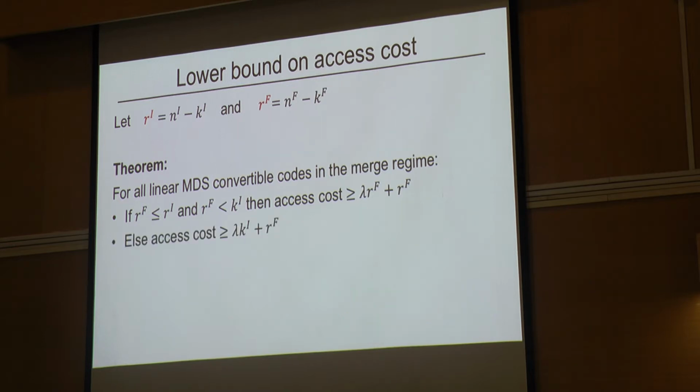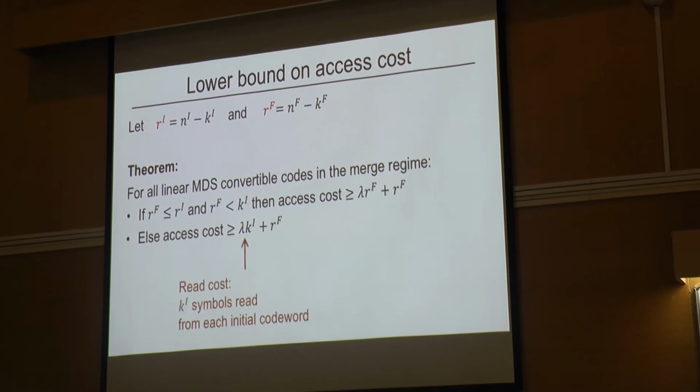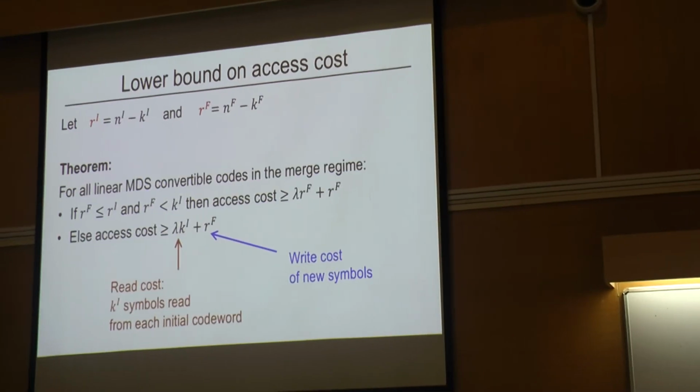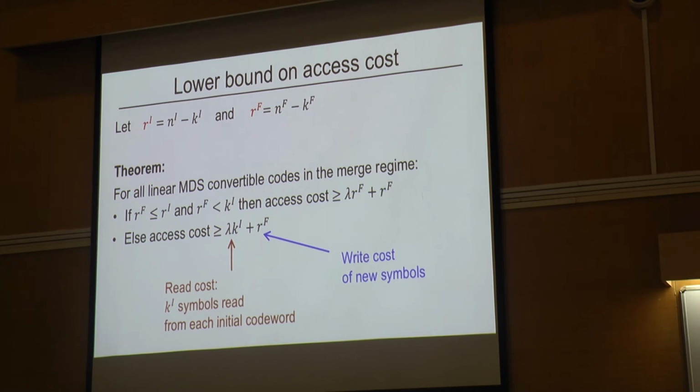And in the other cases, the access cost lower bound is as shown here, where again lambda KI is the read cost and RF is the write cost. And as you can observe here, KI is actually the number of symbols read in the default approach, right? So if you read all the message symbols from the initial code words, which is KI, then the cost would be lambda KI read cost, and then data blocks, think of it in a systematic code, are kept as is, you're not writing them.